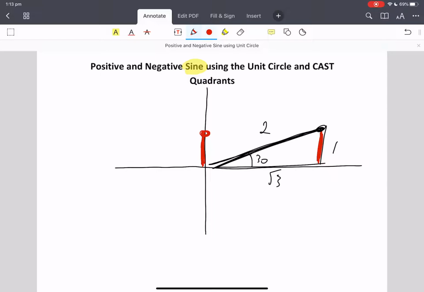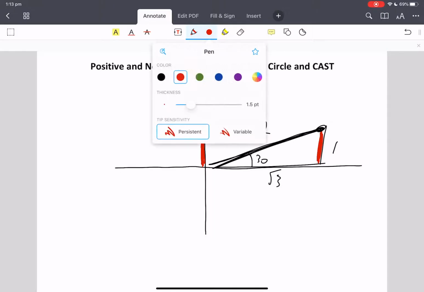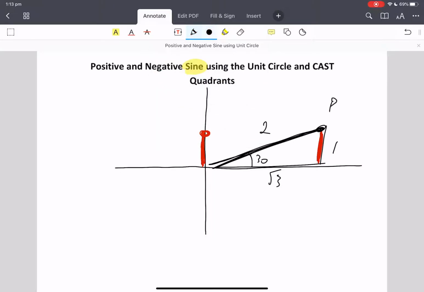Yep, so it's the y component, it's the y value. And over here, this point would be root 3, 1, and that 1 is positive. Because the y component is positive, sine 30 is positive. Therefore, when you use the triangle to get the half, it's positive a half because the y value is positive.